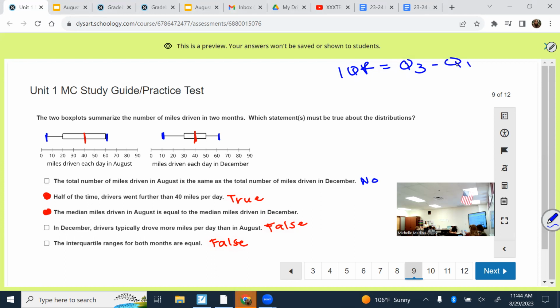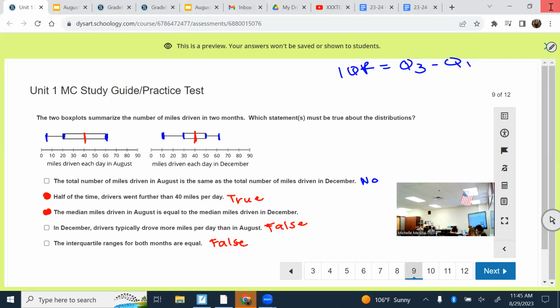You don't have to do the math for this one though, because the boxes themselves are a different size. So no, they are not equal. If you did the math, this IQR is about 40 and this IQR is about 20. So definitely different. That's the one calculation Desmos won't tell you: IQR. You have to know it's Q3 minus Q1.